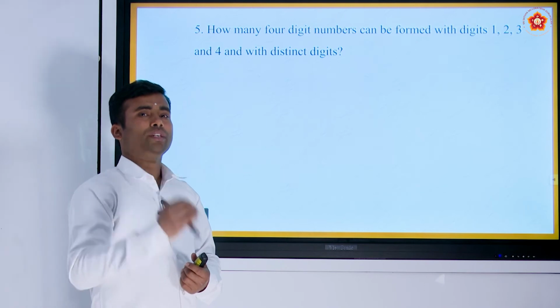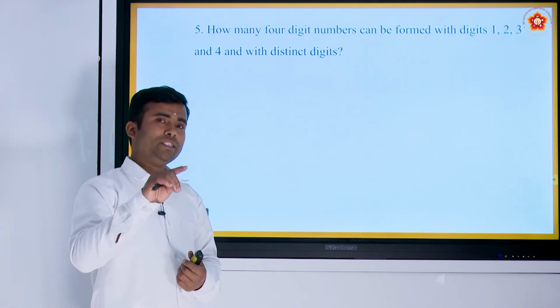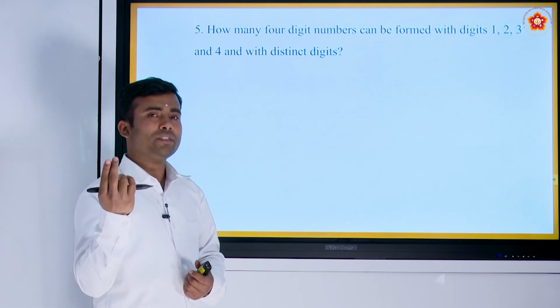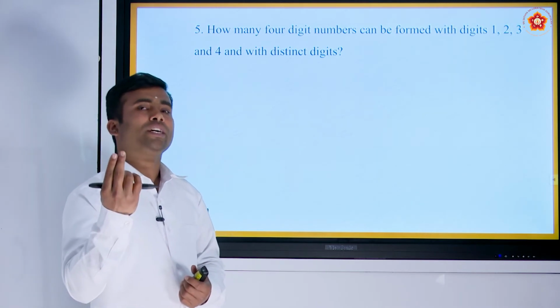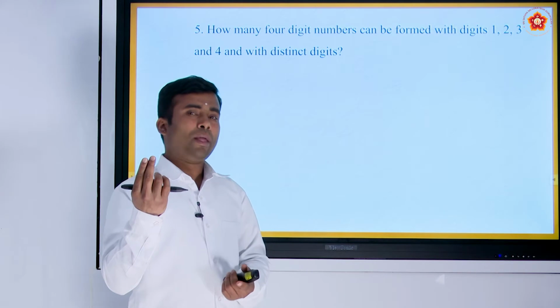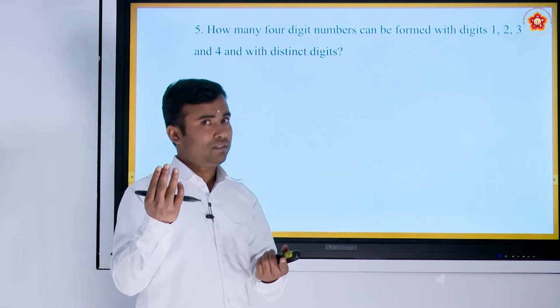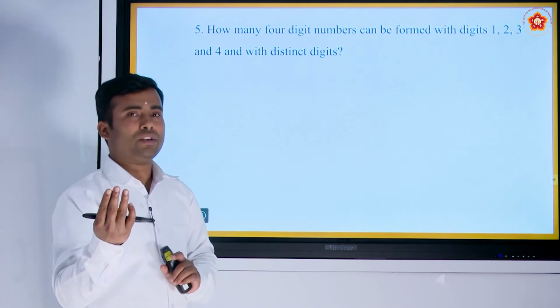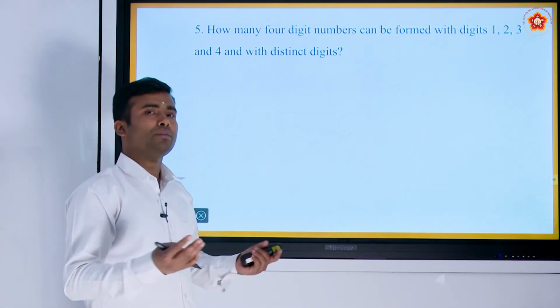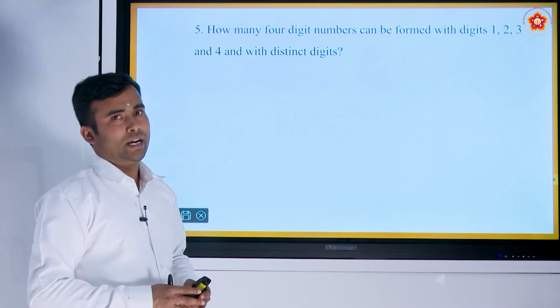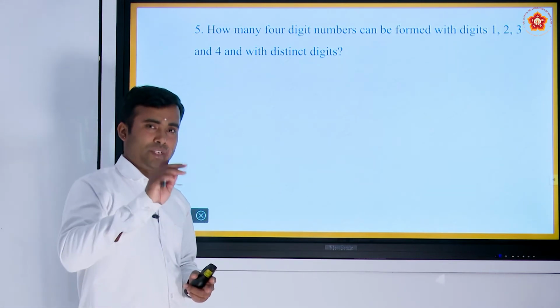The first place can be filled in 4 ways, the second place in 4 ways again because repetition is allowed, the third place in 4 ways, and the fourth place in 4 ways: 4 into 4 into 4 into 4. That many arrangements will be possible if repetition is allowed.